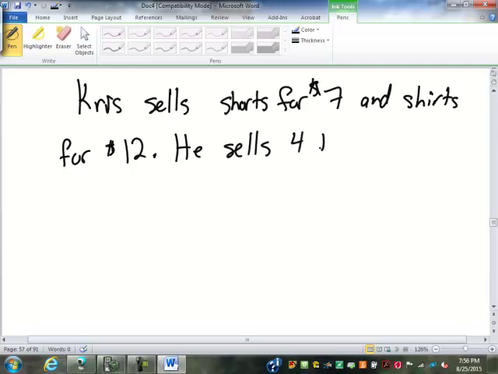He sells 4 times as many shirts as shorts.